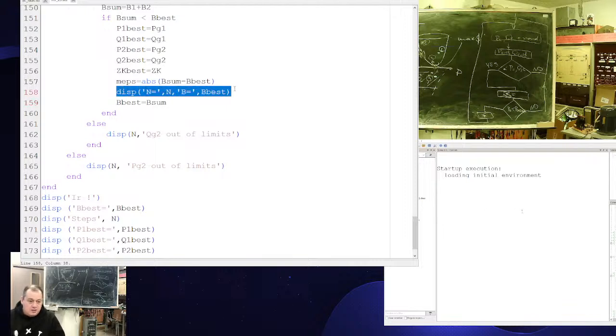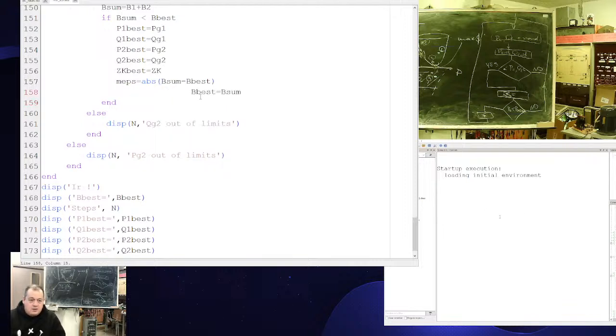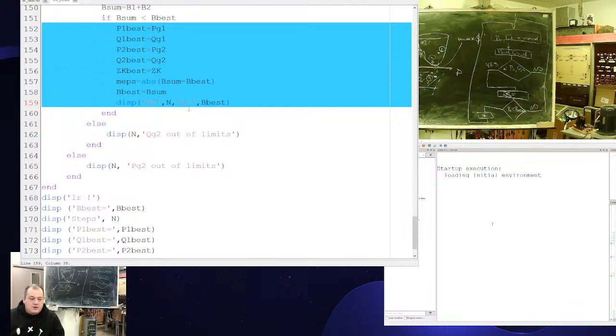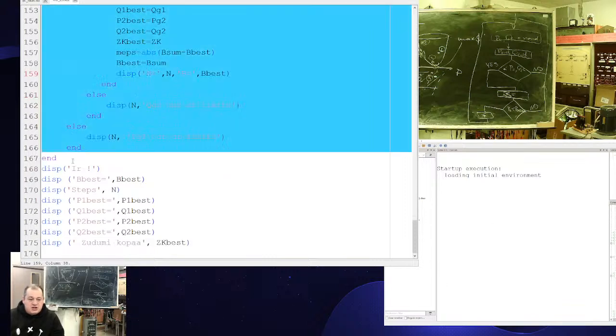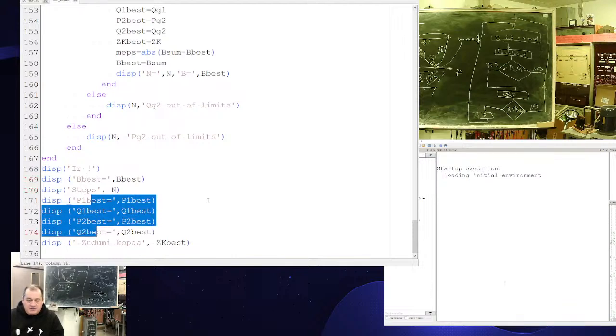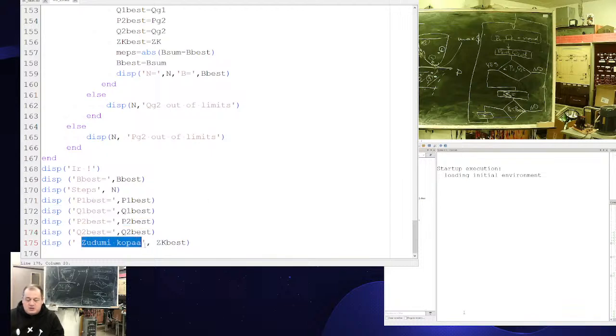Actually, maybe it's more correct to put this one here. Okay, out of limits. When precision is reached, I only need to show the best fuel consumption, number of steps, active and reactive power for the best regime, and the total losses.